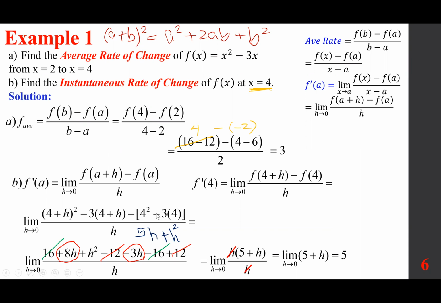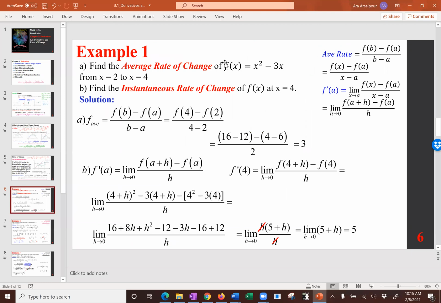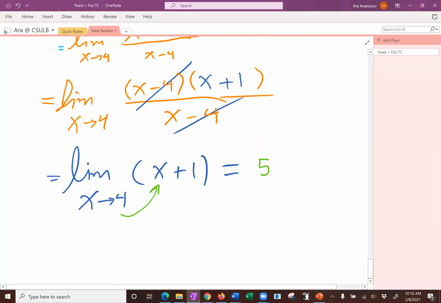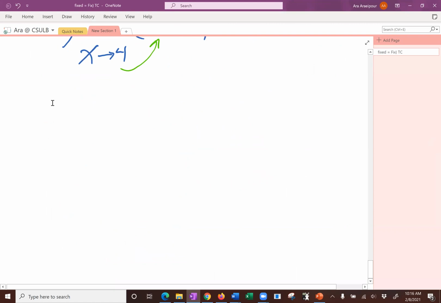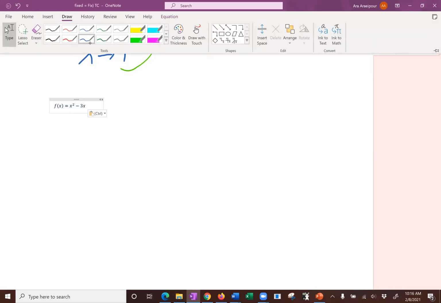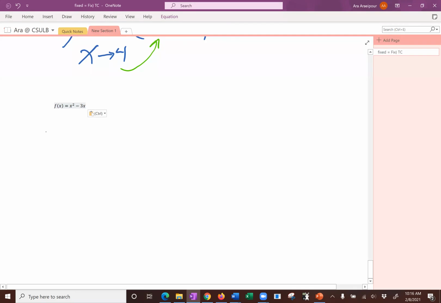So just for practice, it's really a good idea to do this for practice. Okay, so I am looking at this function. Okay, so I wanted to write the function so you see what we are doing here.